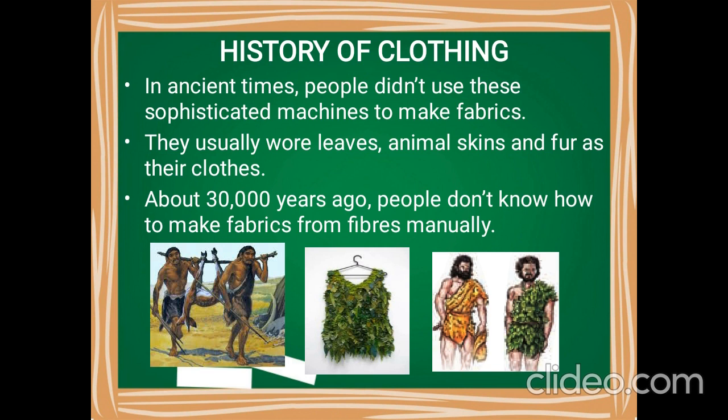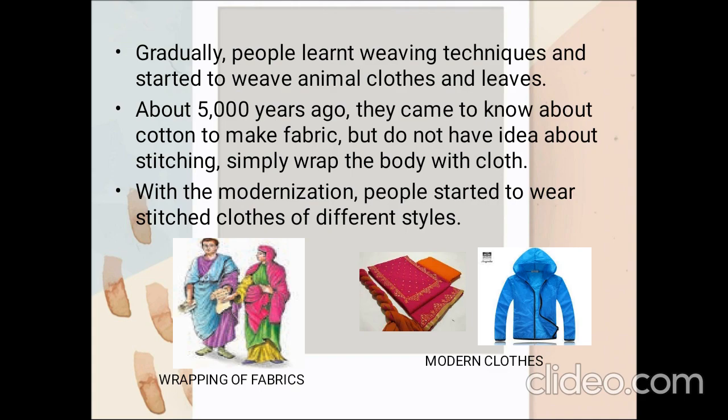As time went by, they started to have some knowledge about cotton, so they started to weave cloth from the fiber obtained from the cotton plant, right? By that time they did not have an idea about stitching.